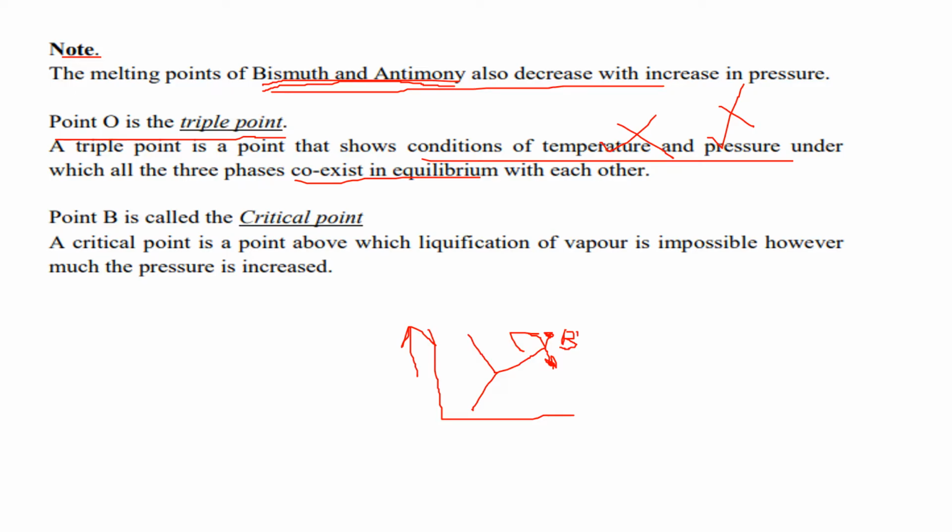So we define a critical point as a point above which liquefaction of a vapor is impossible, however much pressure is increased. So pay attention to this and don't forget it. A critical point is simply a point above which liquefaction of a vapor is impossible, however much pressure is increased.